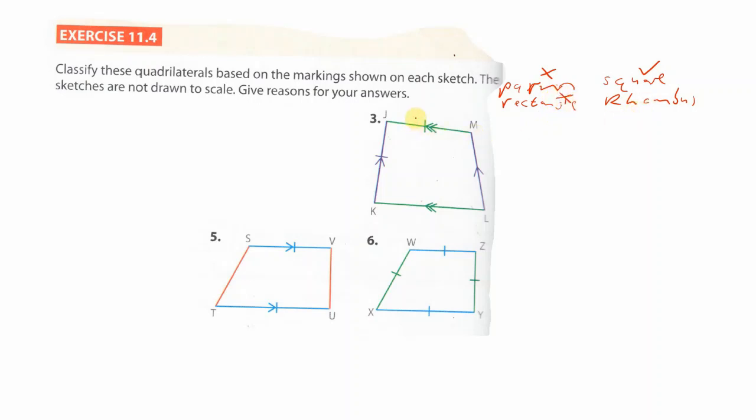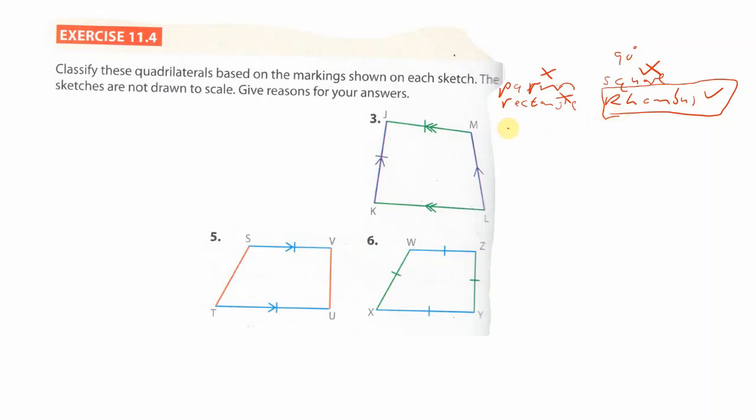A rhombus, yes, a rhombus has all four sides equal. So now we have two possibilities, either a square or a rhombus. But now we know squares have 90-degree angles. Rhombus don't necessarily have. Do we see any 90-degree angle here? No. So therefore it cannot be a square. It therefore has to be a rhombus.